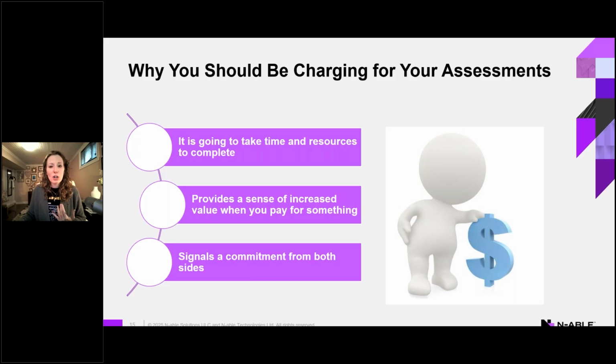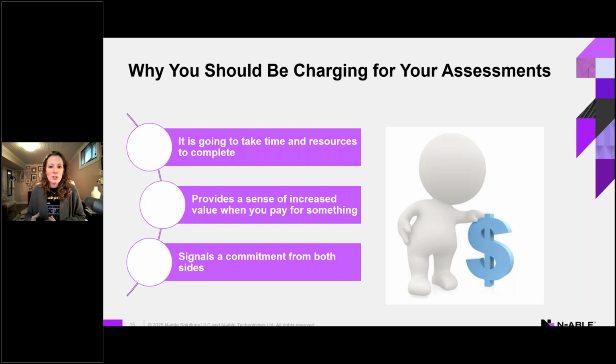And if you don't charge for your assessments, then the prospect is free to take that assessment report, and all that free consulting that you basically provided them, and go back to maybe their existing MSP, or take it to another MSP they might be evaluating, give them the report, and then just ask them for a cheaper quote to remediate the work.